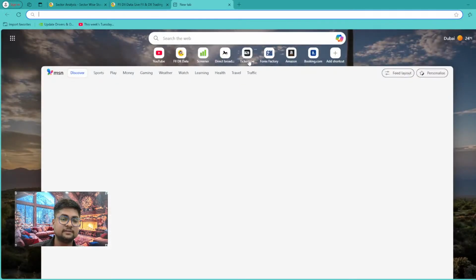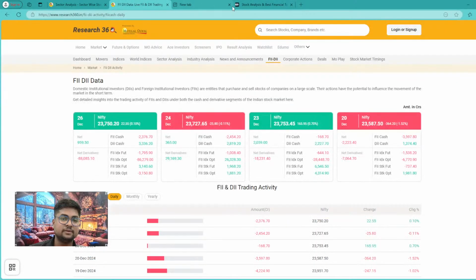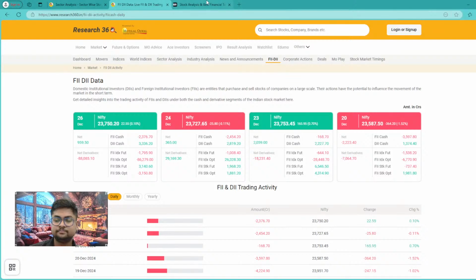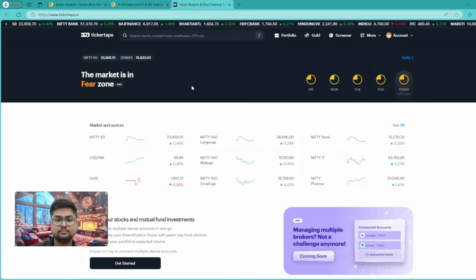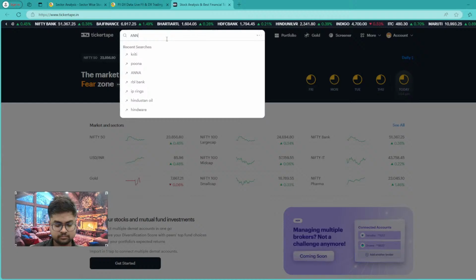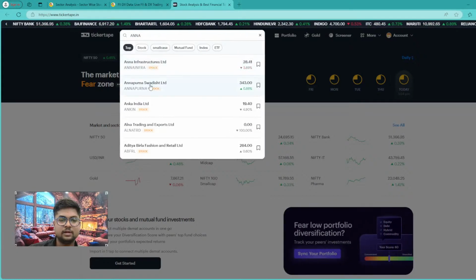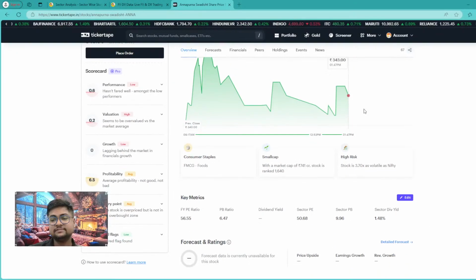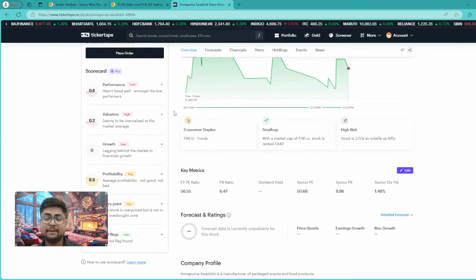Annapurna, Tickertape site. We follow the Tickertape site because it has most of the information. Annapurna Swadhist Limited was the latest stock which we have given to you apart from Kriti Industries, and it is under FMCG, consumer staples.